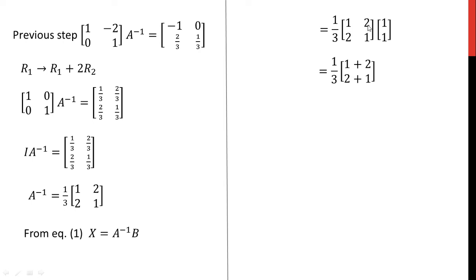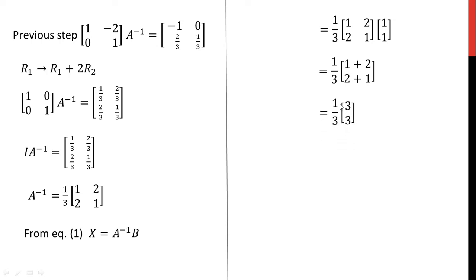So first row into first column, so 1 into 1 is 1 plus 2 into 1 is 2. Now first row first column is completed. There is no second column. Now second row first column, so 2 into 1 is 2 plus 1 into 1 is 1. So we get the matrix like this.